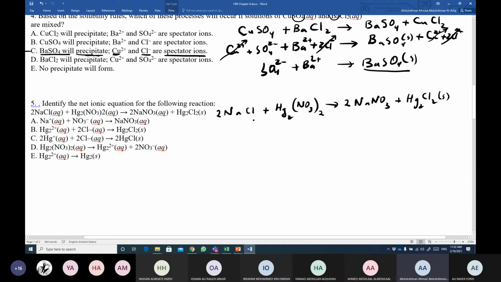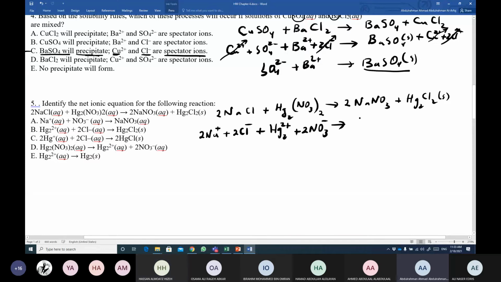Okay, can you make it ionic? Yes. 2Cl- plus Hg2 2+ plus 2NO3-.